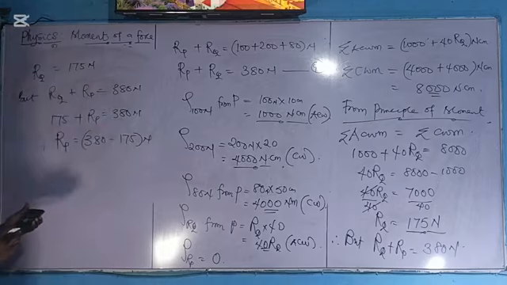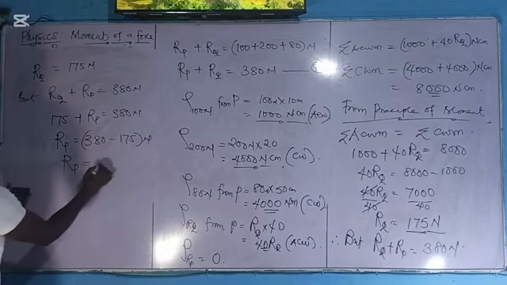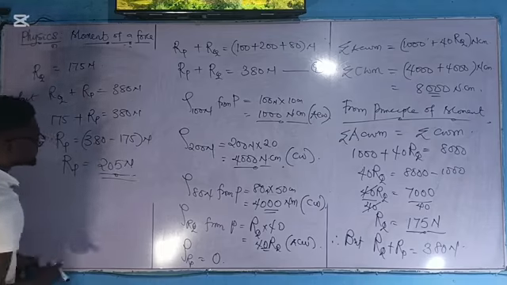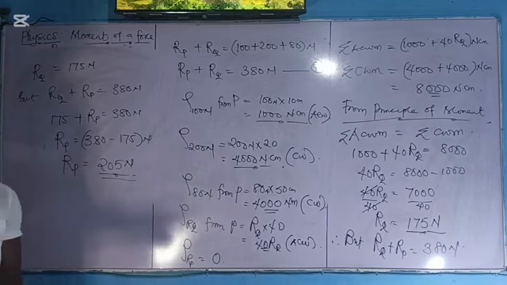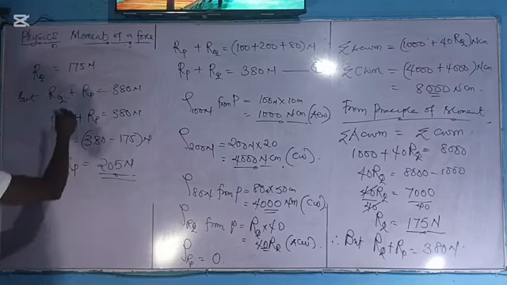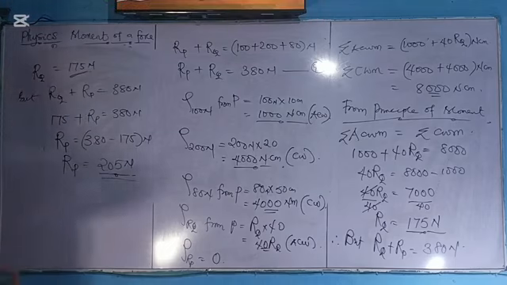Then if we simplify, 380 minus 175. So our RP now becomes 205 Newton. And that gives what? The reactions. So in that case, the RQ is 175 Newton, while RP is 205 Newton.